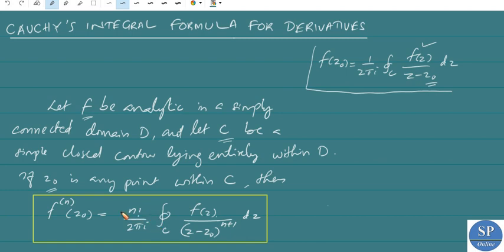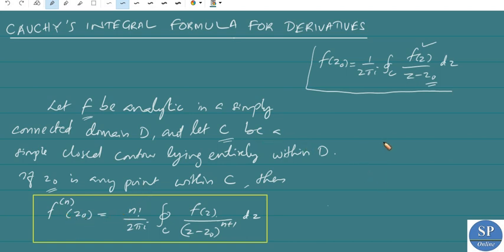So by using this formula, we can find contour integrals of this type, that is f of z divided by z minus z0 to some power n plus 1. It will be 2 pi i divided by n factorial times the nth derivative of f at the point z0, right?